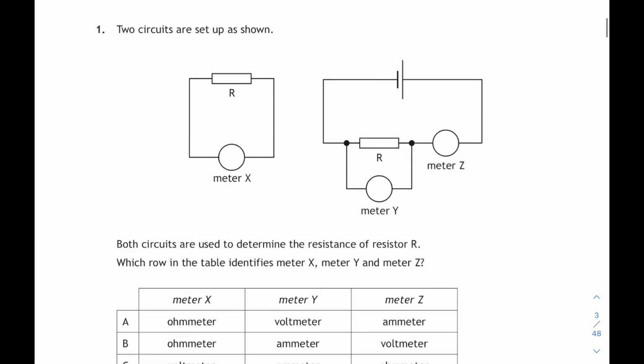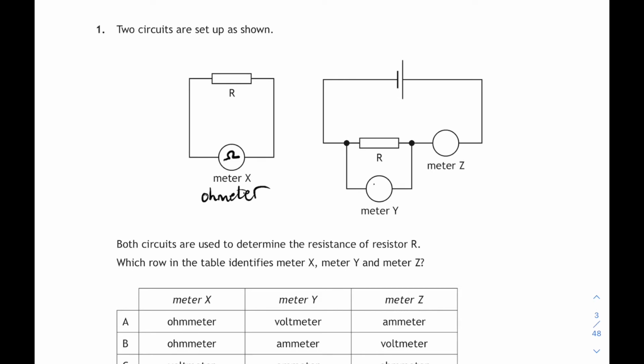This is question 1. Two circuits are set up as shown, and both circuits are used to determine the resistance of a resistor R. Which row in the table identifies meters X, Y and Z? Well, meter X is measuring the resistance of the resistor directly, so meter X must be an ohmmeter.